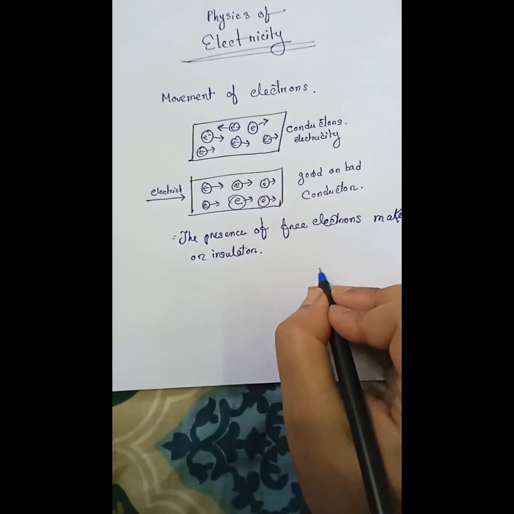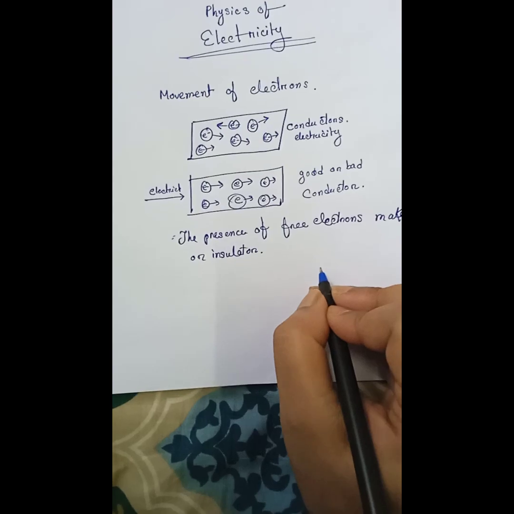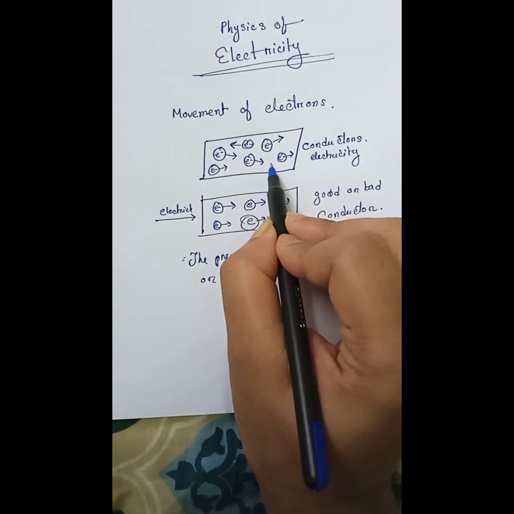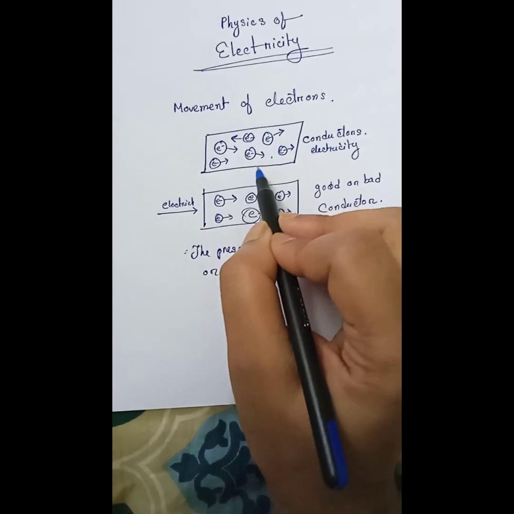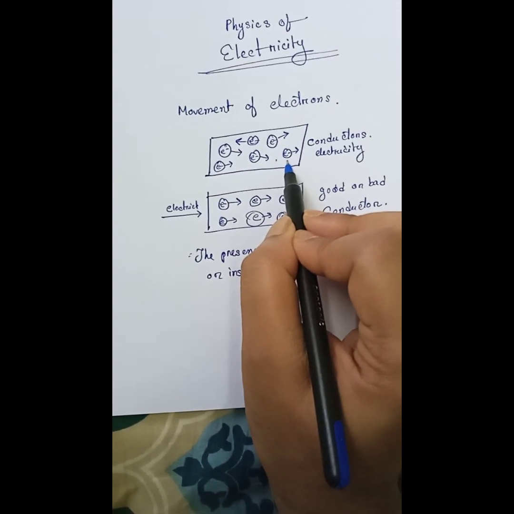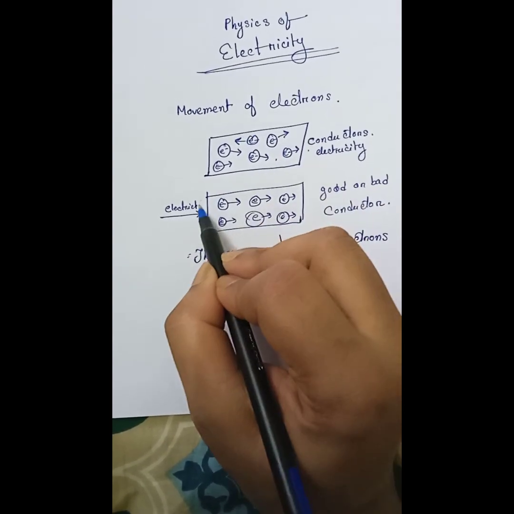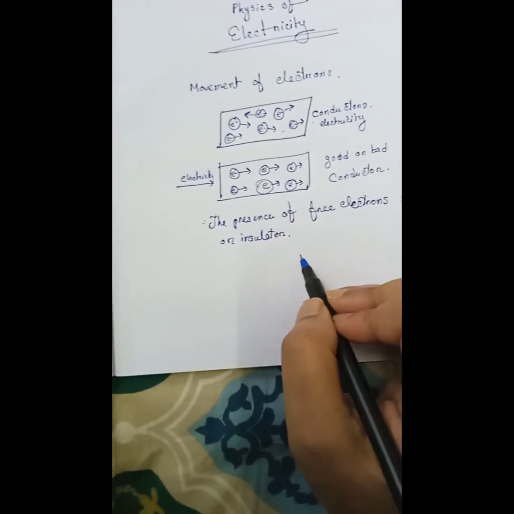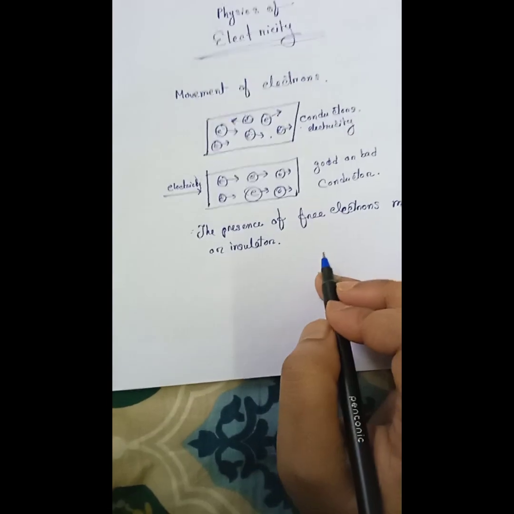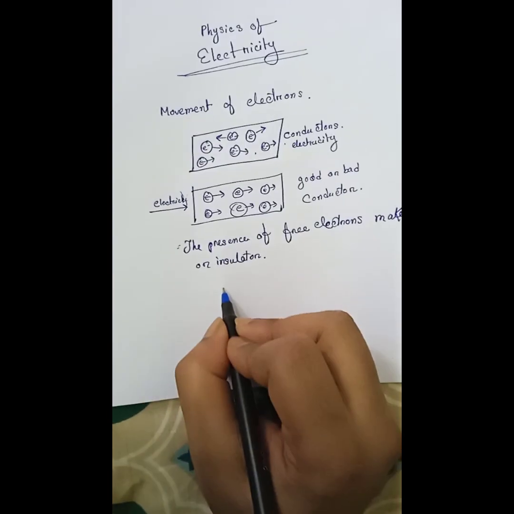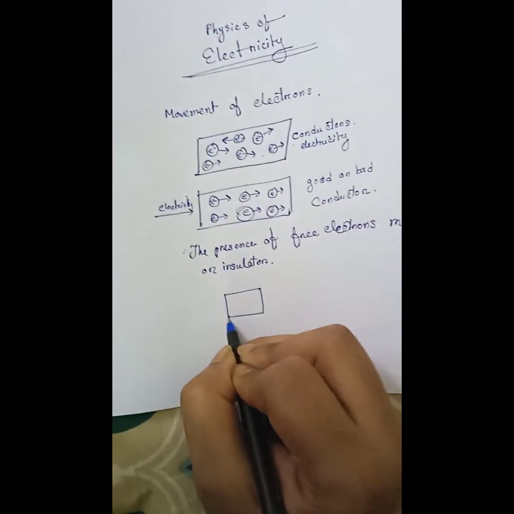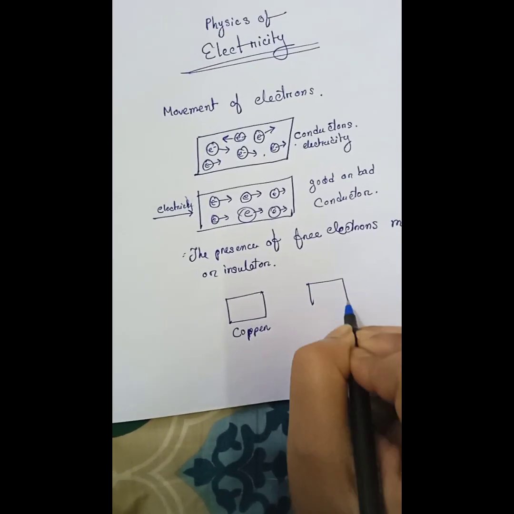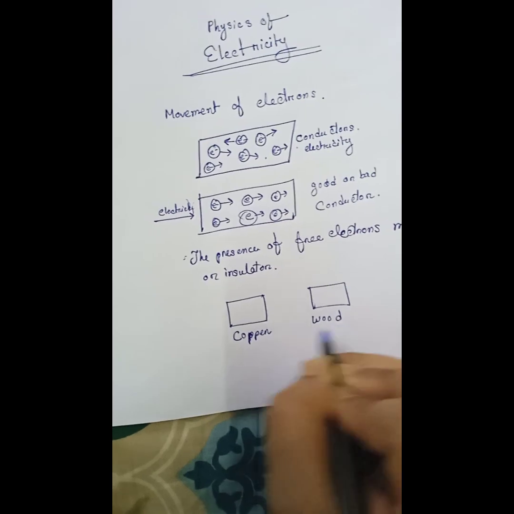Let us take two examples, copper and wood. In the copper, the electrons are scattered everywhere. They move in any direction they want. Whenever we give electricity, the electrons will take a specific direction for their flow. Here we took wood and copper.